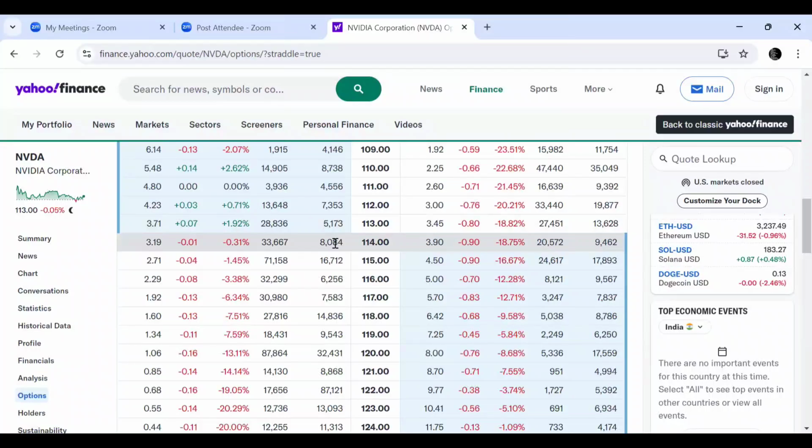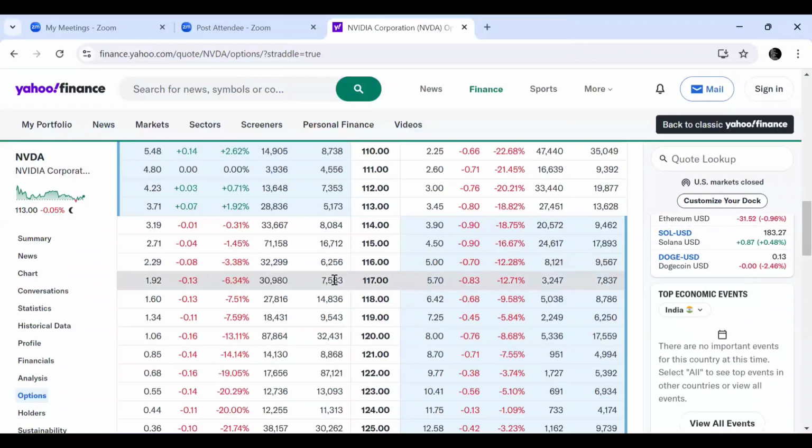Okay, it is somewhat less. Here 16,712 contracts at $115. Okay, somewhat less. Here again 6,200, somewhat less. Below that 7,583, again somewhat less. Again 14,000 somewhat less, 9,000 somewhat less, 32,000. Okay, here there are somewhat more contracts at $120.